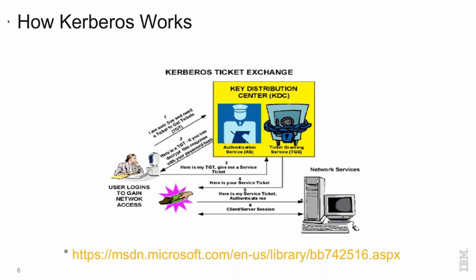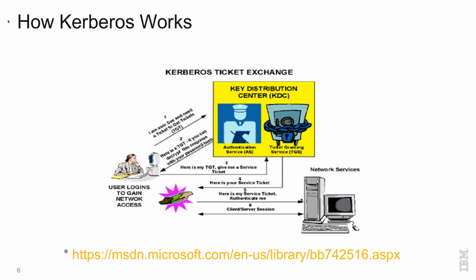One of the beauties of the Kerberos protocol is that your password is never passed from the client to the KDC, in any form, either in plain text or in encrypted form.